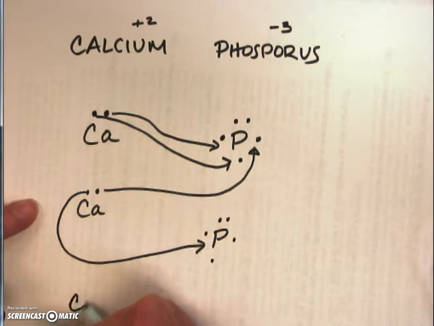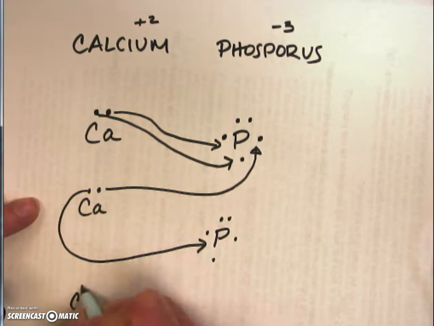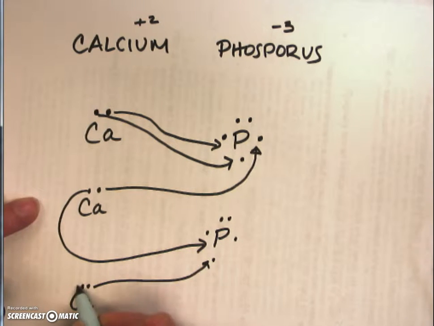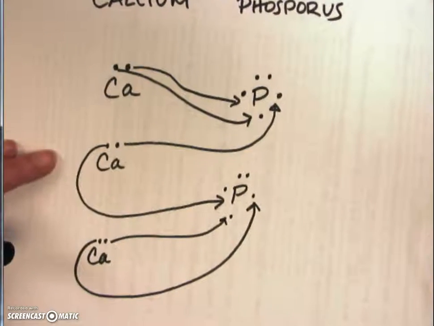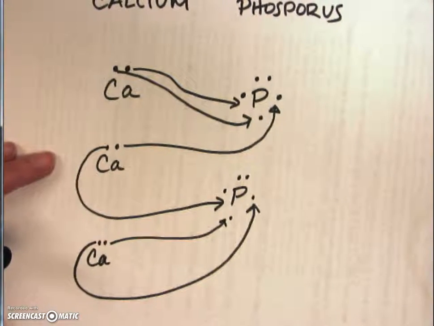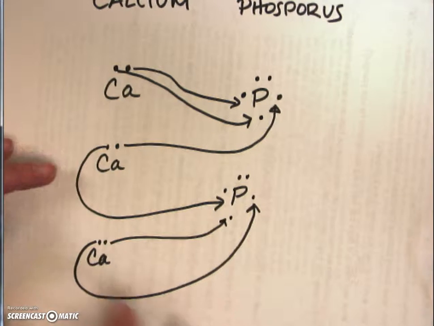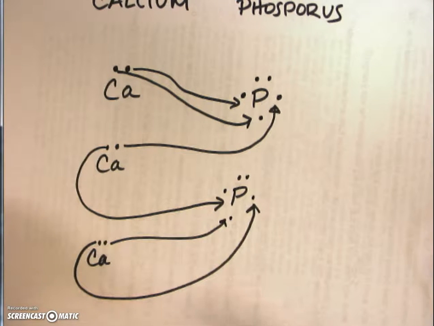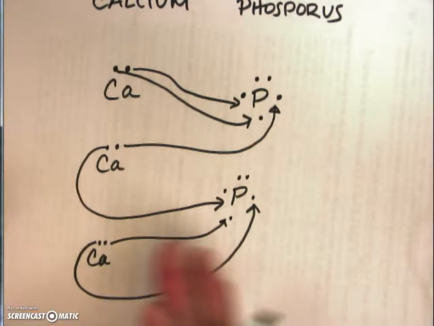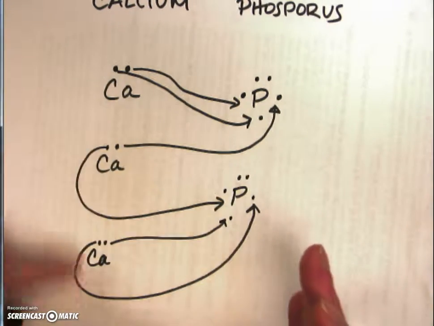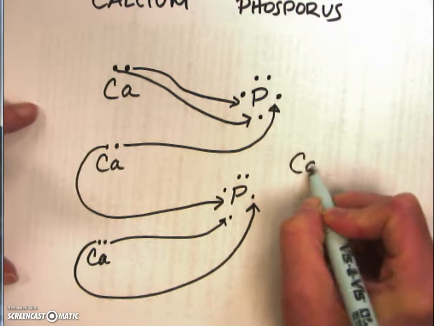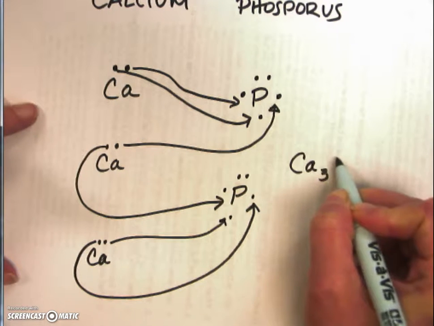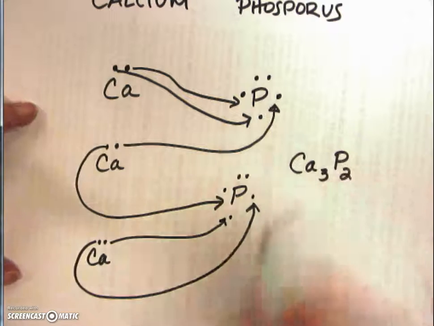So if we had a third calcium with 2 valence, then that could donate 2 electrons to that phosphorus. And so this formula would have 3 calciums and 2 phosphoruses, and so it would look like Ca3P2.